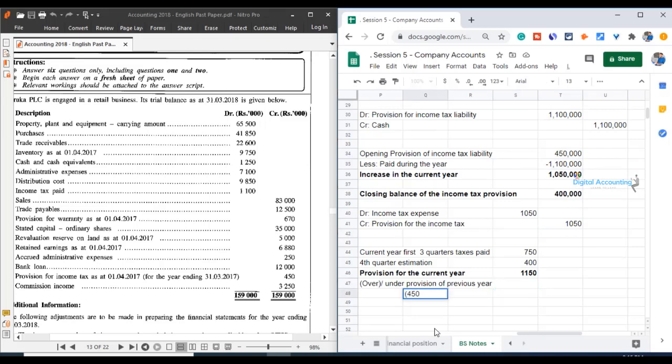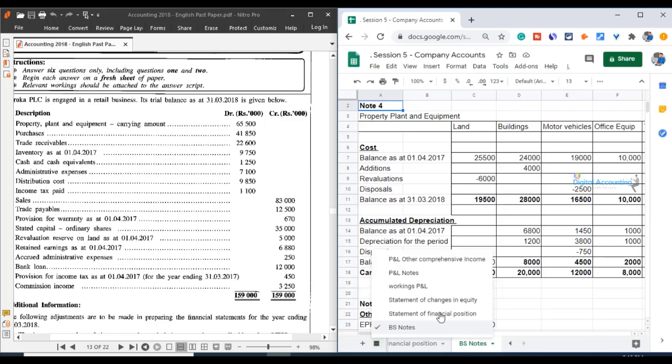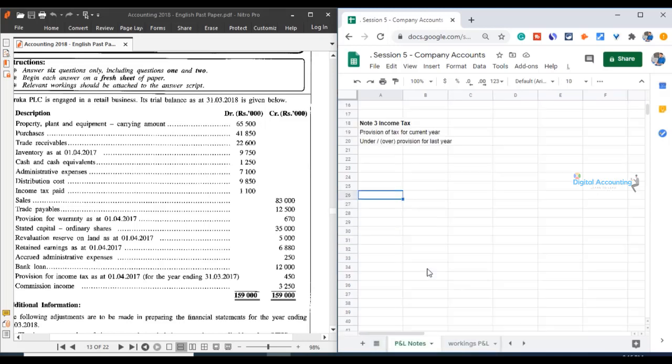For the last year's quarter, we have paid 350,000. So we made a provision of 450,000 last year, but actually for that last year's quarter we have paid only 350,000. So that 100,000 is an over provision. So over provision we need to reduce. So here also we should get the same answer, 1,050. We need to show this in the P&L, note 3.